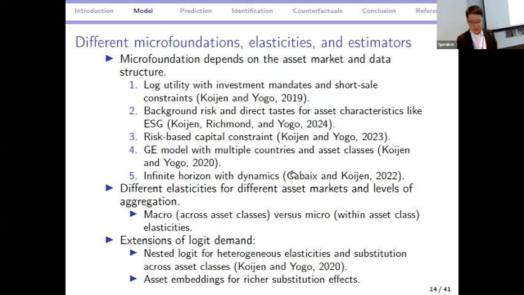And then Xavier and Ralph have a paper doing this with dynamics in an infinite horizon model. Okay, so there's no one micro foundation for demand systems. The micro foundation or the asset pricing model you write down depends on the application and the asset market you're trying to study. And as a consequence, there's no one concept of elasticities.